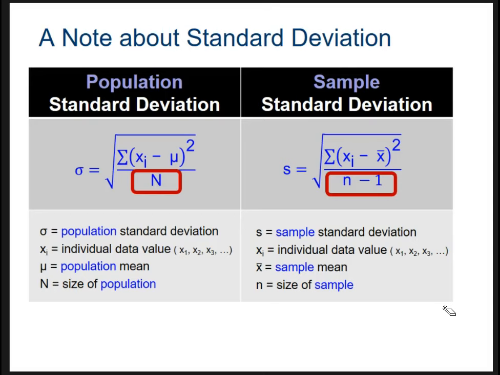So we do the number of samples that you have and subtract 1, and that accounts for that uncertainty. So usually when you do this, the population standard deviation will be a lower number because it's more certain than a sample standard deviation, which is going to usually be higher because of that uncertainty that we factor in.